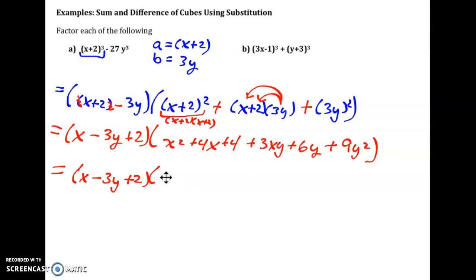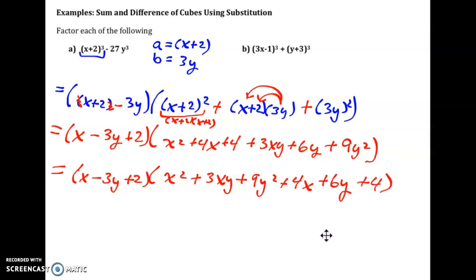So I will put all the degree 2 terms first, so x squared plus 3xy plus 9y squared, and then I'll put all the degree 1 terms, so that would be the 4x and the 6y, and then I'll put the constant at the end, which is usually how we'll see it written. Okay, so there we have our factored expression.